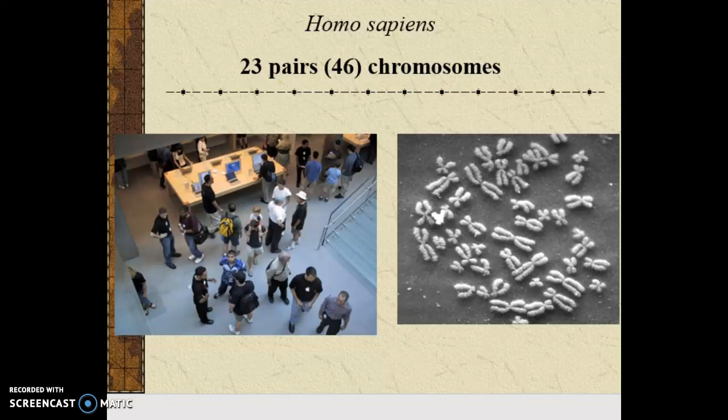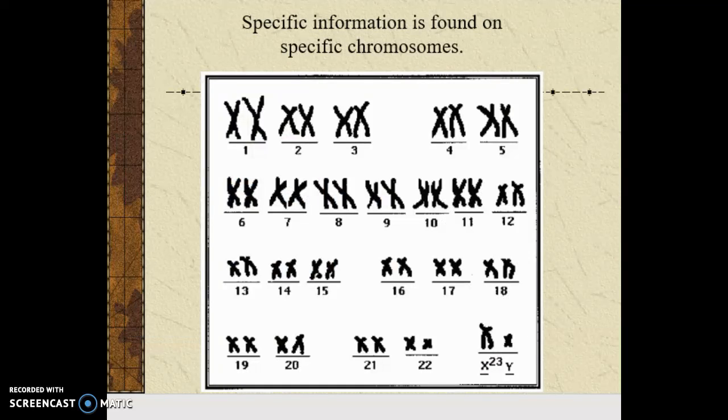So the Genome Project, part of it, and I just say part of it, was to look at our chromosomes and find out what type of information is found on each of the chromosomes. If you put it into an educational perspective, your genome is like a textbook, and your textbook has chapters.